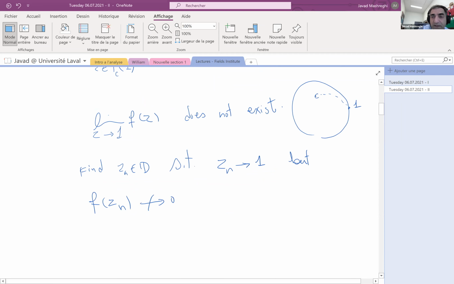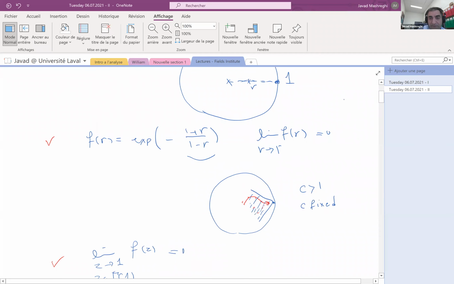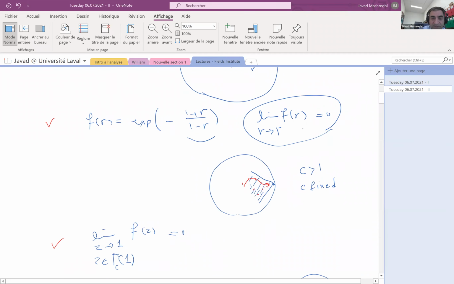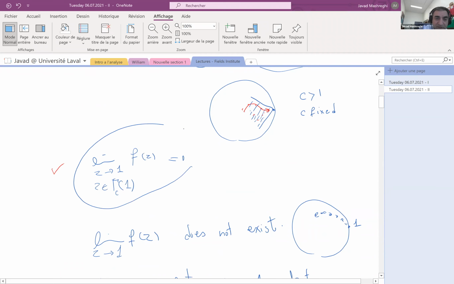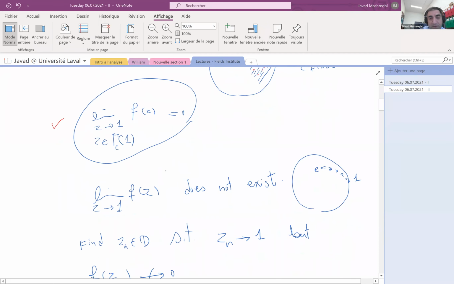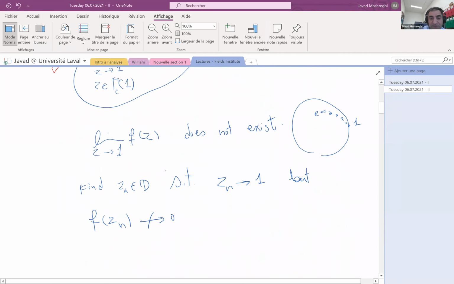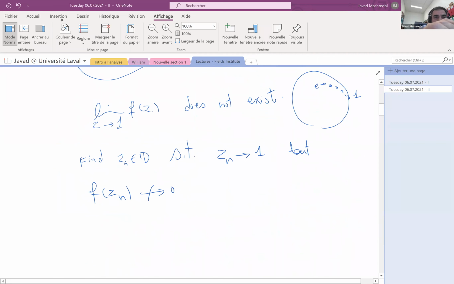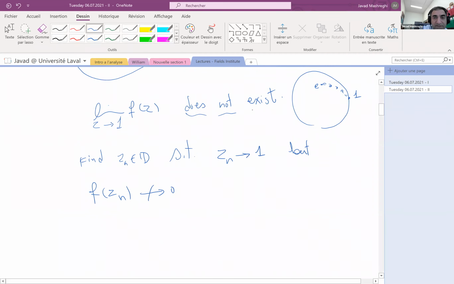A sequence which goes toward the boundary, but when we calculate f of z_n, it doesn't go to 0. So we see here the radial limit was 0 for sure, the generalized non-tangential limit was 0. But when you remove the restriction, no, it doesn't exist. So we end up with this limit doesn't exist.